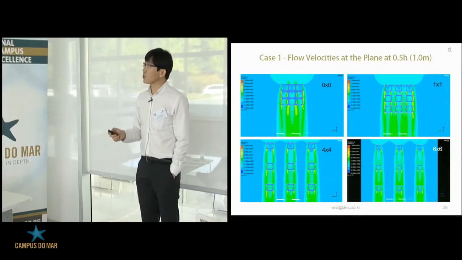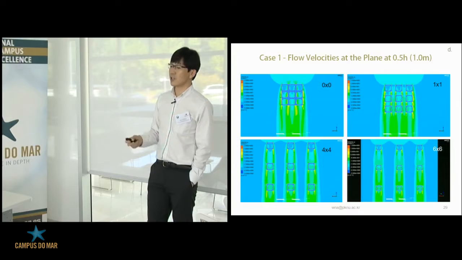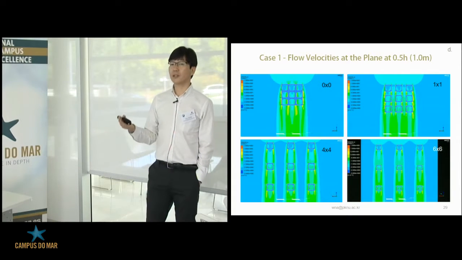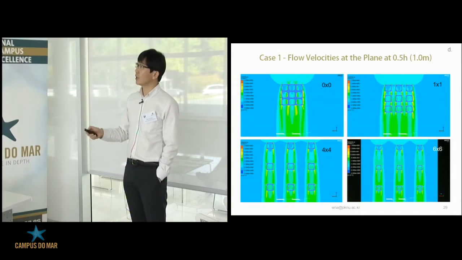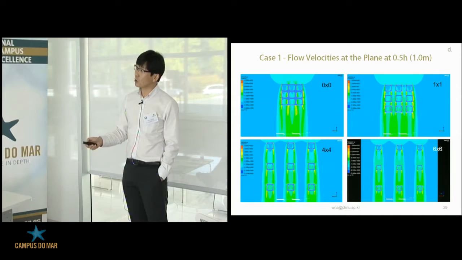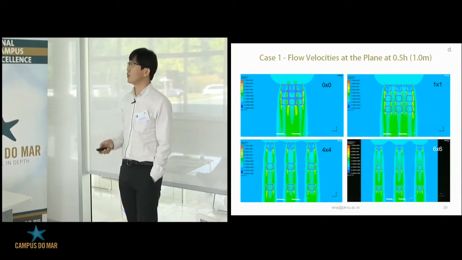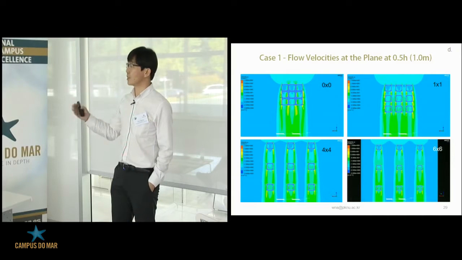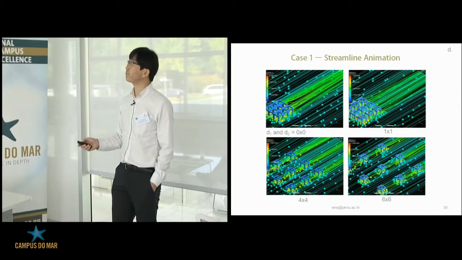And then this one shows the flow velocity at the plane at 0.5 h, which is 0.1 meter above the sea bottom, as you see. And in these 4 cases, the yellow shows the wake volume, the wake region. So in this way, we can imagine how the wake regions are.